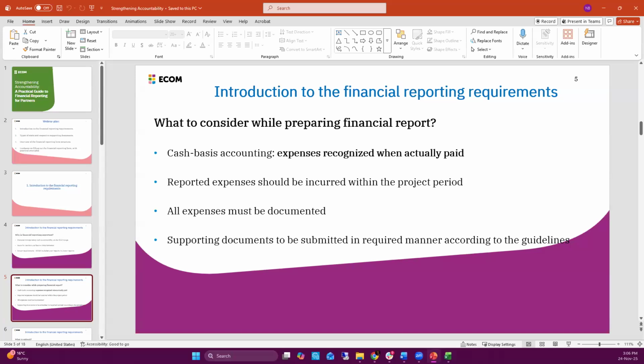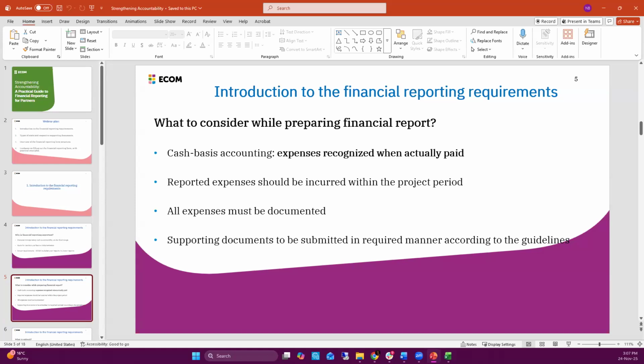Therefore, if for some justified reasons you have left some of the payments outside the scope of the project period, you can request from ECOM the possibility of project period prolongation, and we shall review your request, whether it is possible or not.